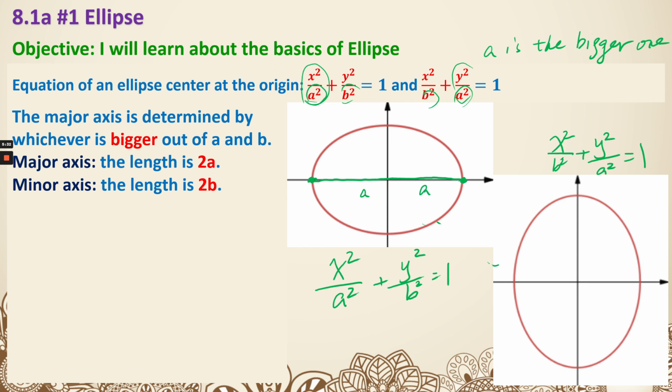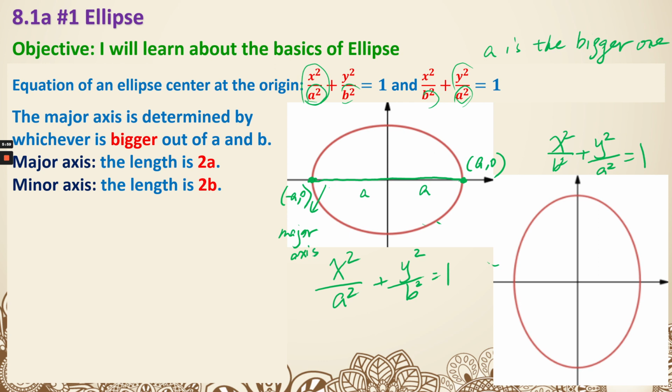So this part will be an a, and that part will be an a. That means we can also write down the points. That point would be (a, 0), and that point would be (negative a, 0). Then, of course, we also have the other axis, which is called the minor axis. So let me write down the word. This is, in that kind of setup, the major axis.